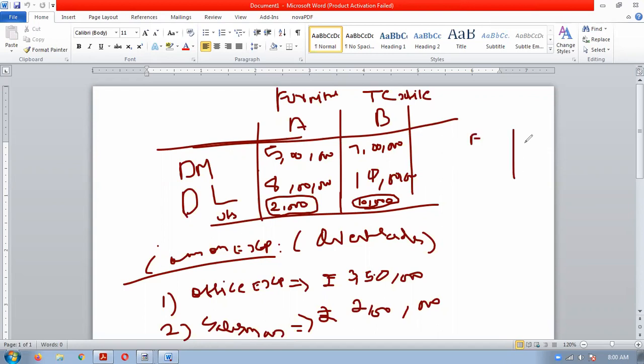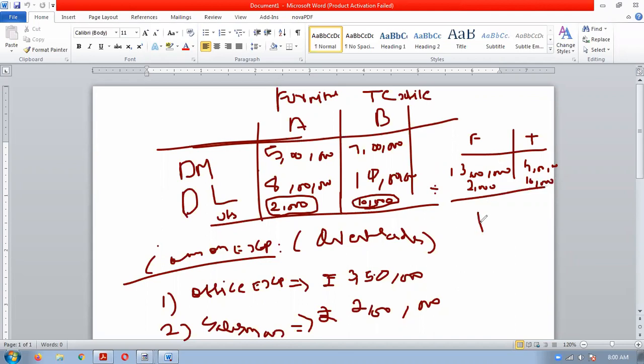It will come to how much? 5 lakh plus 8 lakh will be 13 lakhs. Clear? And 7 lakh plus 10 lakh will be 17 lakhs. And the number of units produced is 2,000. So if you divide by 2,000, you will get the per unit cost. Here, if you divide by 10,000, you will get the per unit cost.